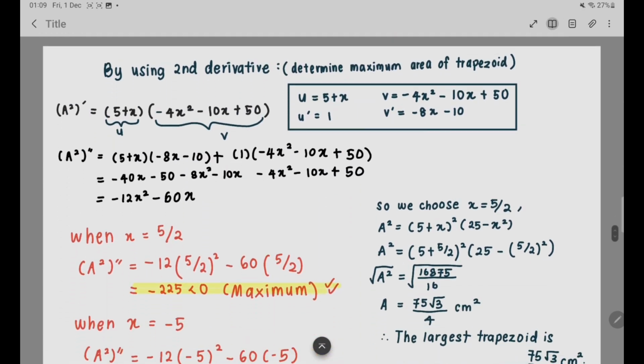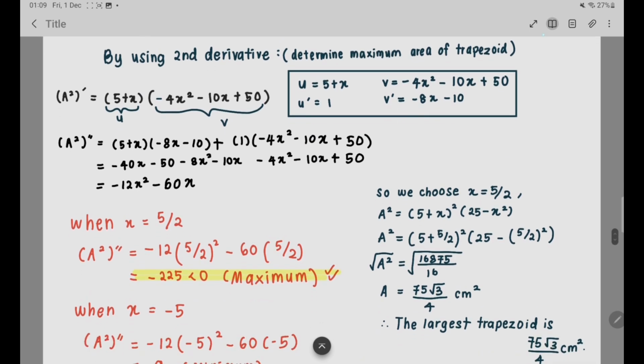Next, using the second derivative is the final method to determine the maximum area of the trapezoid. The same way as before, you need to do the product rule to find the second derivative. After you do the second derivative, you will get negative 12x squared minus 16x.